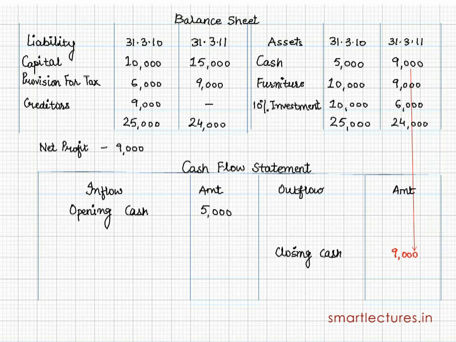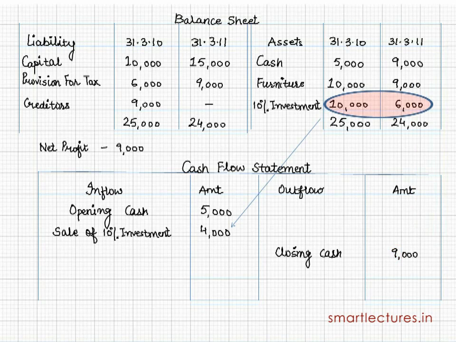Furniture, there was no sale or purchase. Investment 10,000, then 6,000. What it means? During this year the investments have been sold for rupees 4,000. So the firm must have got money. So this is the investing transaction. You know, all investing and financing transactions are written individually in the statement. So sale of investment rupees 4,000.